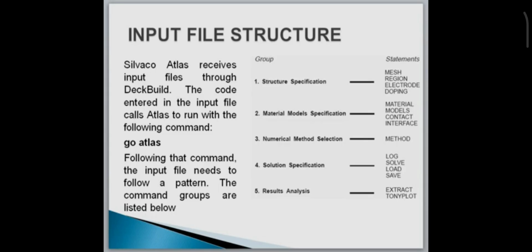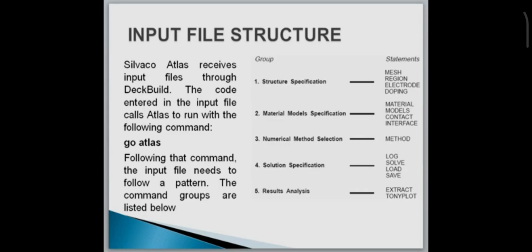In structure specification, you have to follow a pattern. First, you have to define the meshing. Second, you have to define the region statement. Third, you have to define the electrode. Fourth, you have to assign doping to the particular region. And after that, you have to define material model specification, in which you have to define new material.